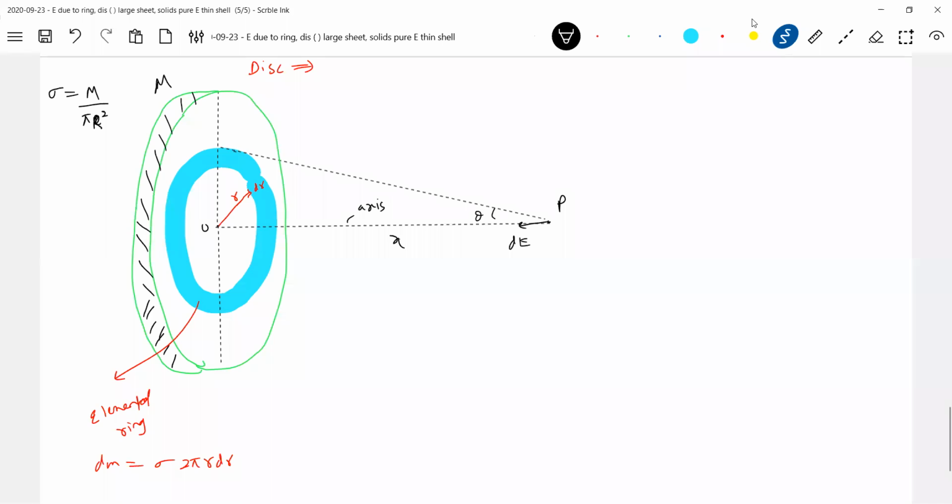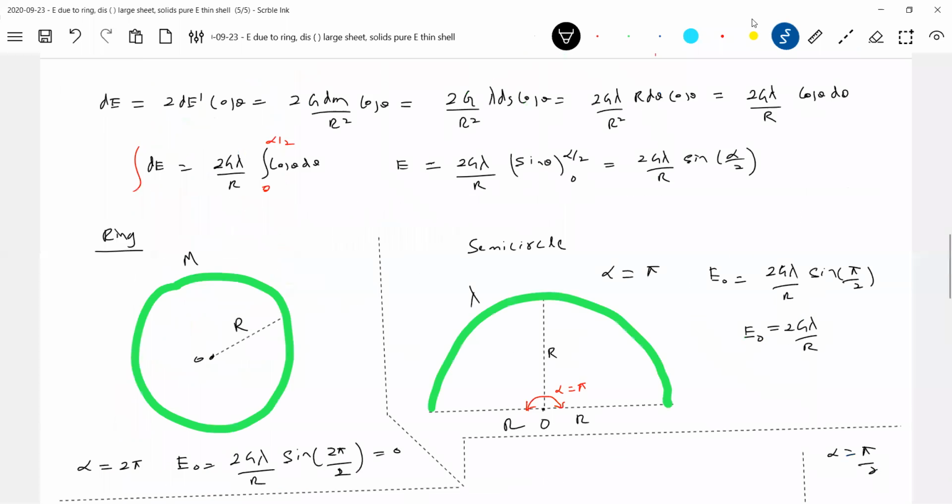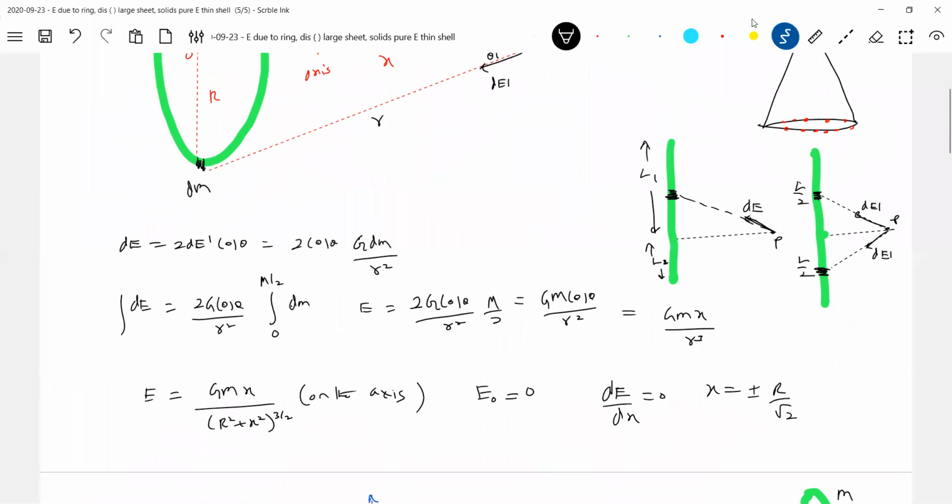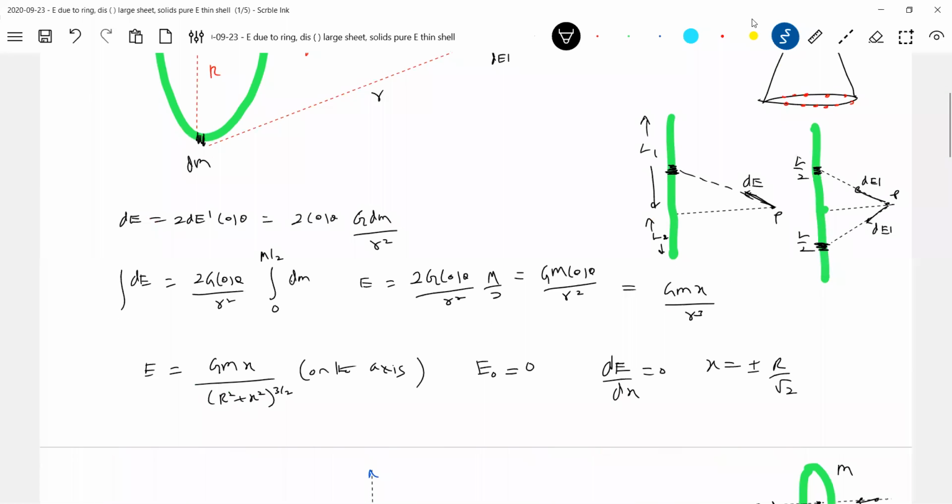If you can write the formula directly, you'll be on the safer side. Again, don't derive for the elemental ring. Directly go for that one. What is the formula for an elemental ring? Just now we have derived the conclusion: G m x by (R square plus x square) to the power of 3 by 2.